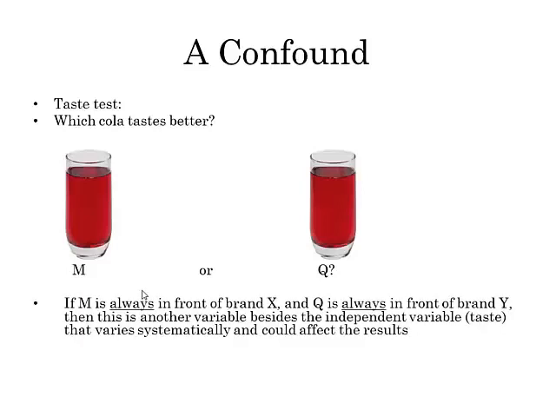If M was always in front of brand X and Q is always in front of brand Y, then this is another variable besides the independent variable, which was the taste of the cola, that varied systematically and that could affect the results.